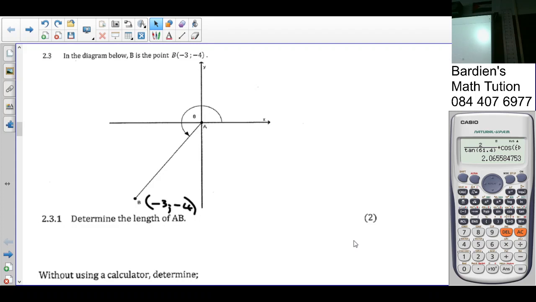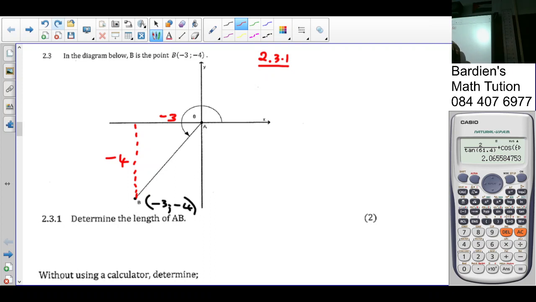So in other words, you must calculate, if you complete this triangle here, okay, there's your 90 degrees. That's an X and a Y, not so? So this is going to be -3 here on your X, and -4 here. So how are we going to calculate AB?